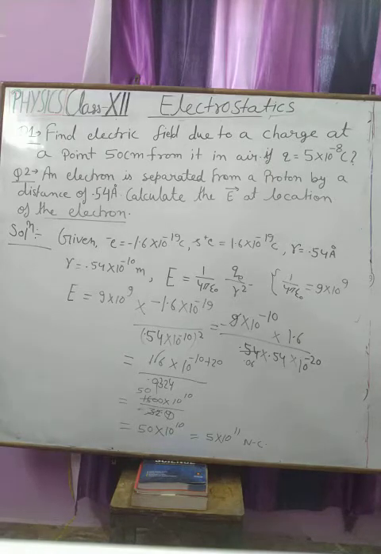Okay, this is the final answer, 5 into 10 to the power 11 Newton per Coulomb. Now we are going for solving the next problem.